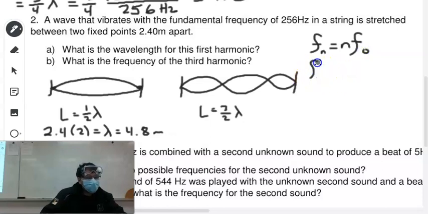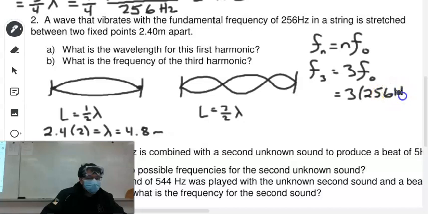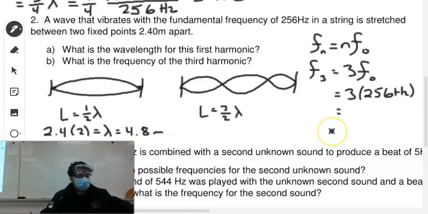So the frequency in our case for the third harmonic is just 3 times the fundamental frequency, or 3 times 256 hertz, which is 768.